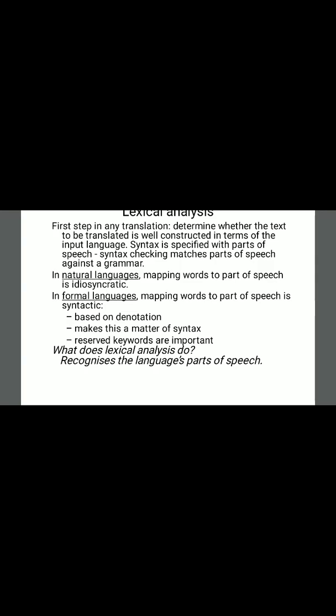It means that we concentrate more on the syntax. We are not going to concentrate on what exactly it is going to mean. Semantics is not important here. We concentrate more on the syntax.